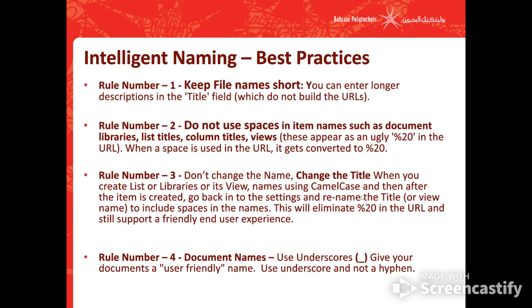Name using camel case. So camel case, two words, but no space in between. And this will eliminate the %20 in the URL. If you really want to give a space, don't use hyphens, use underscores. It's more user-friendly to use underscores and not a hyphen.